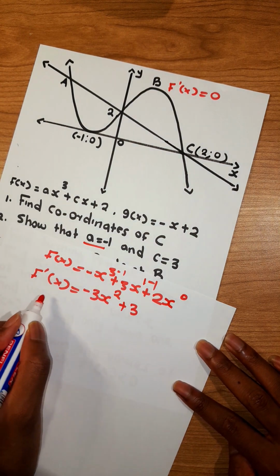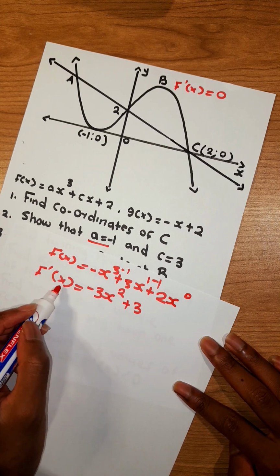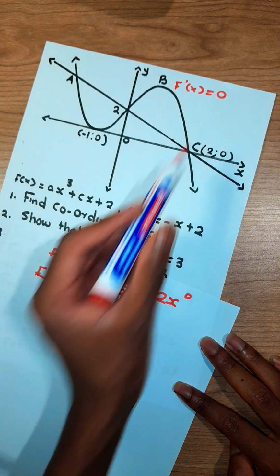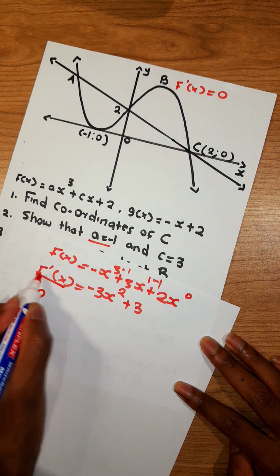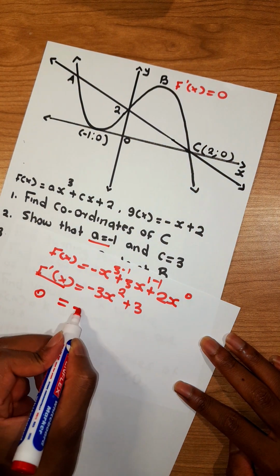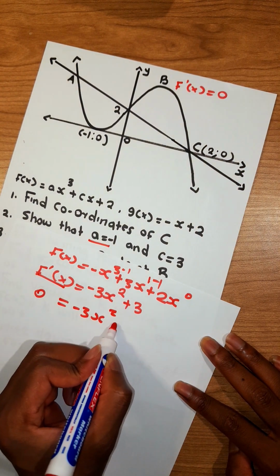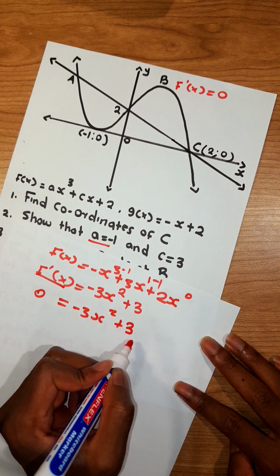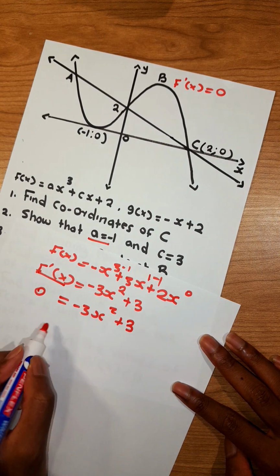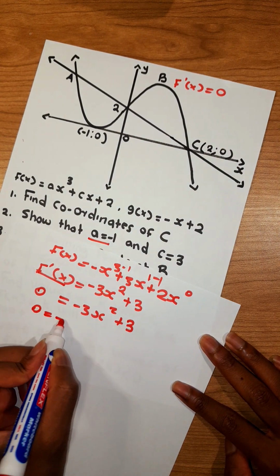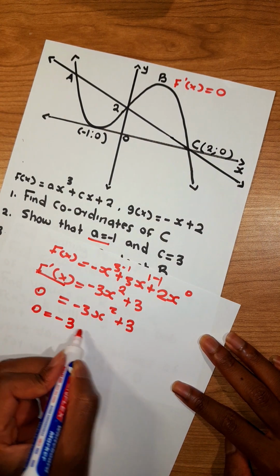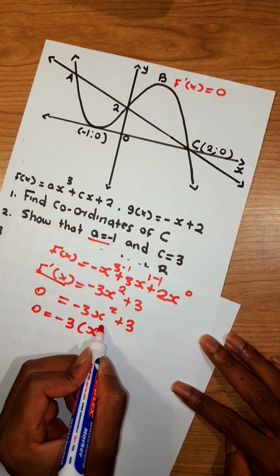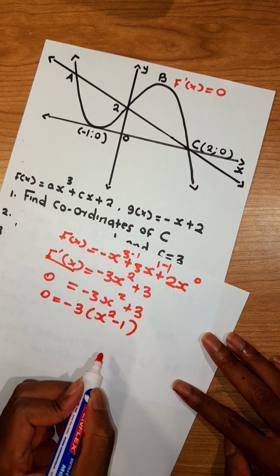Now, we have said that the gradient at the turning point is 0. So we're going to write 0 for this f prime of x, and we'll be left with minus 3x squared plus 3. Well, we can take the common factor of 3 and we'll be left with x squared minus 1.